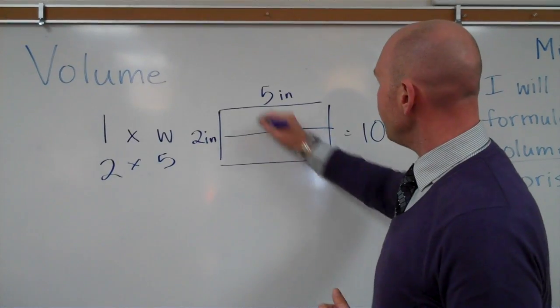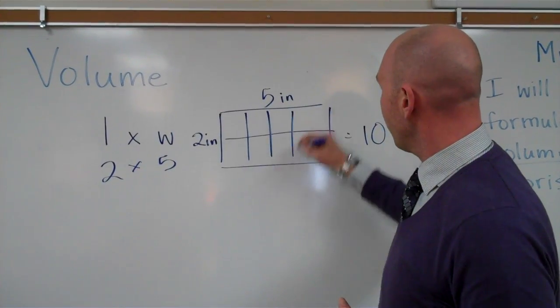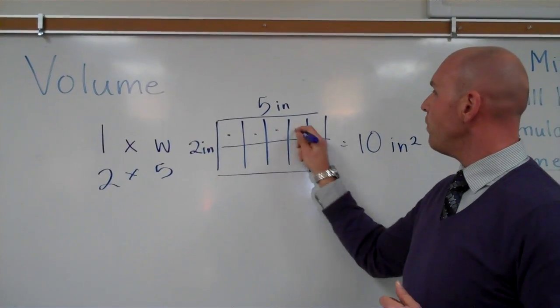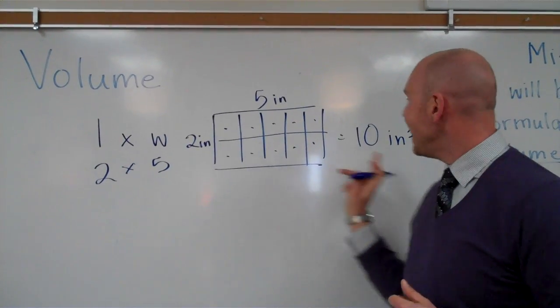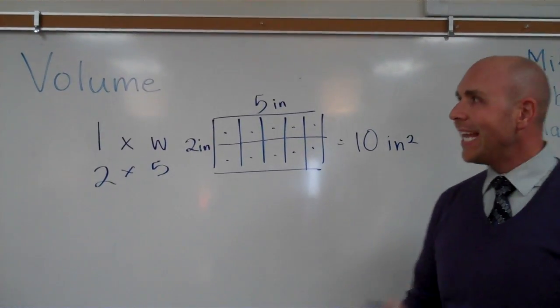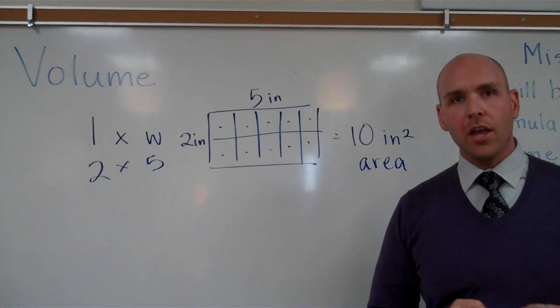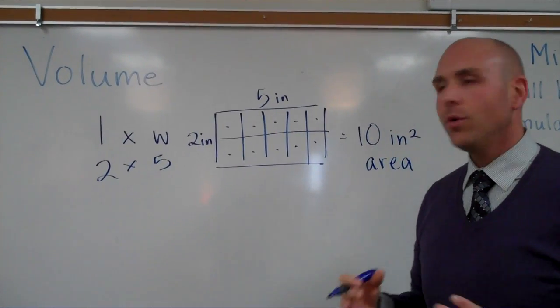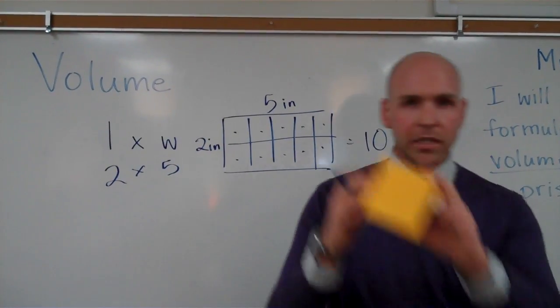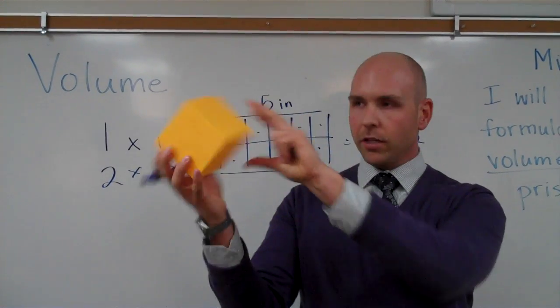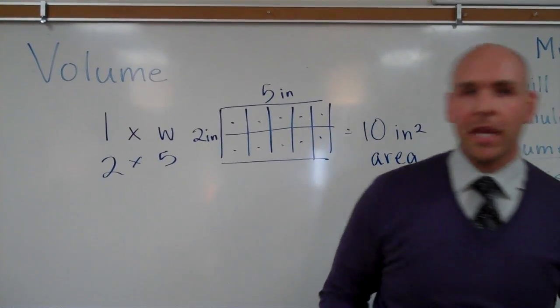Because if I split this up, I have 1, 2, 3, 4, 5, 6, 7, 8, 9, 10 inches squared in area. But we're not doing area. We're taking it to a new level because we're doing volume. That's volume. It takes up space.